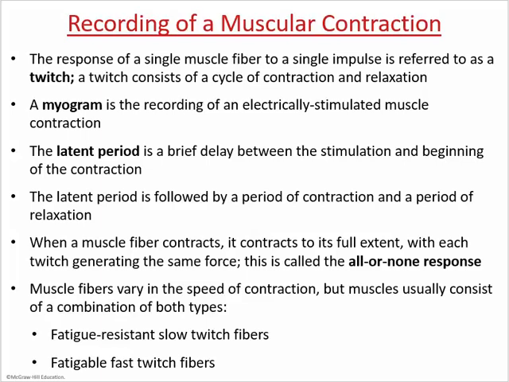So there are fewer and fewer binding sites available because the calcium leaving the troponin moves the tropomyosin back in the way and blocks the binding sites. So the contraction builds in strength and then decreases in strength. And this decreasing in strength of contraction is called the period of relaxation.